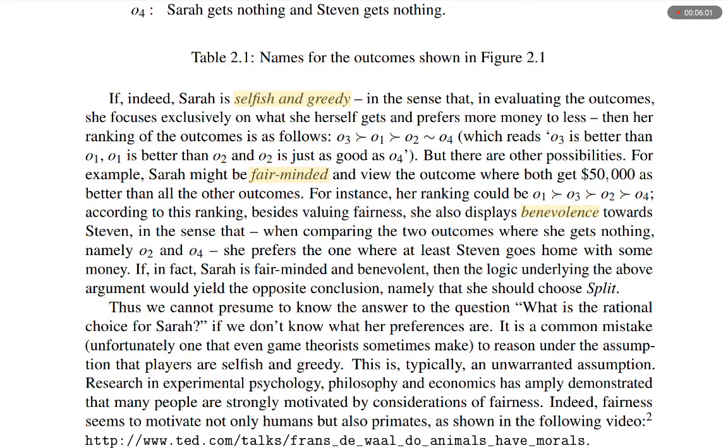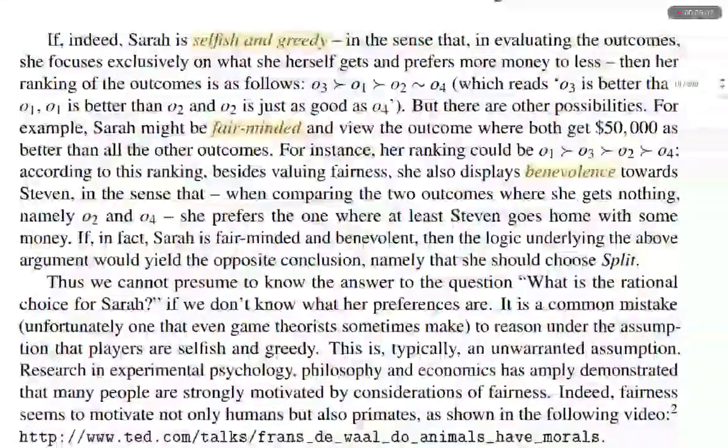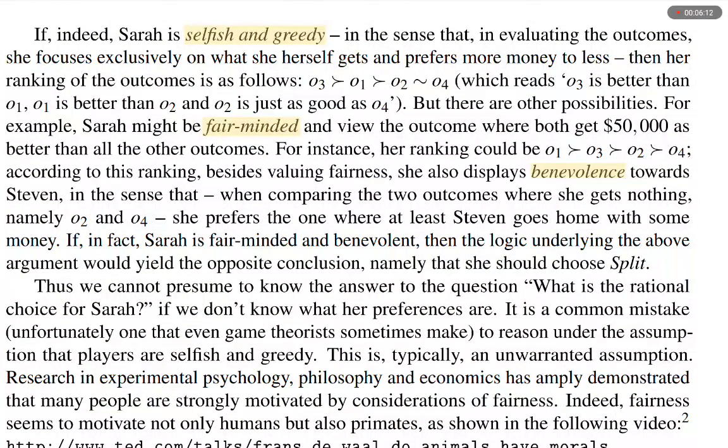For example, Sarah might be fair-minded and view the outcome where both get $50,000 as better than all the other outcomes. For instance, her ranking could be O1 is better than O3, which is better than O2, which is better than O4.